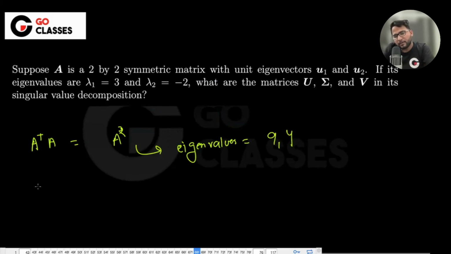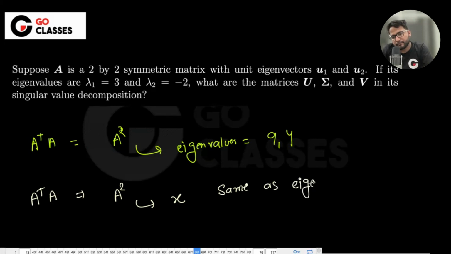Similarly, we need to find the eigenvector of A transpose A, which is the eigenvector of A square. It should be the same as the eigenvector of A, right? Okay.